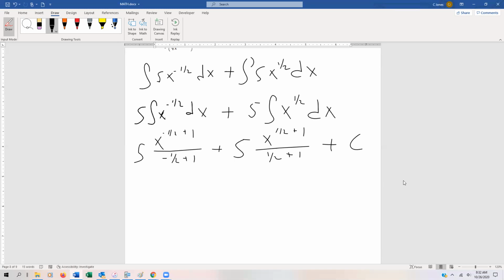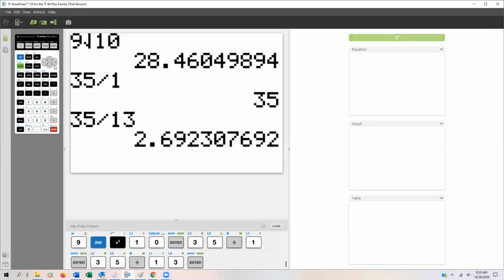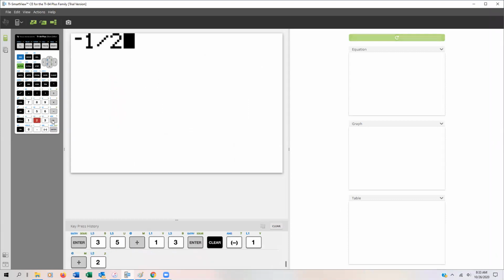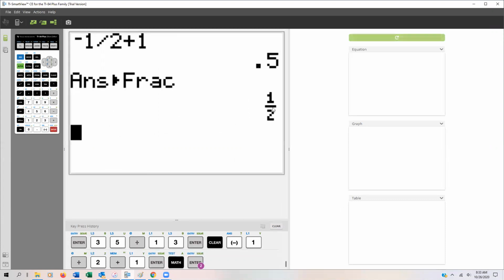Now we're going to simplify this, okay? We're going to have to use some algebra to simplify. So we get 5. Negative 1/2 plus 1 is 1/2. All right, and if you don't trust me, just go into your calculator. You can take negative 1/2 plus 1, enter, and then you can always use that trick where you hit math, enter, enter, and that gives you the 1/2.